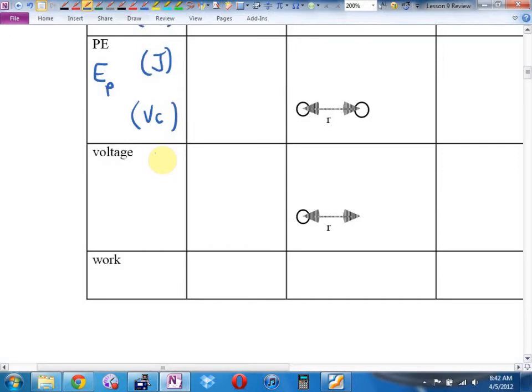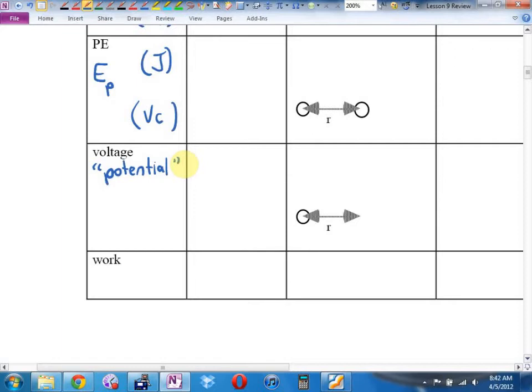Now, part of the problem here is we have another word for voltage, which I hate. The other word for voltage is potential. Listen, please. On your test, on a written question, I'm going to ask you to find the potential at a location. 1/3 of you are going to find the potential energy and get a 0.